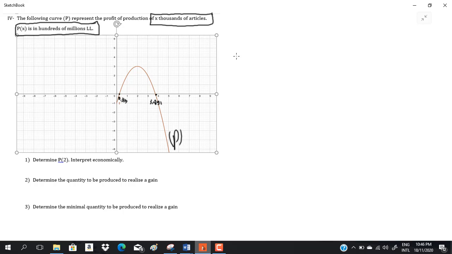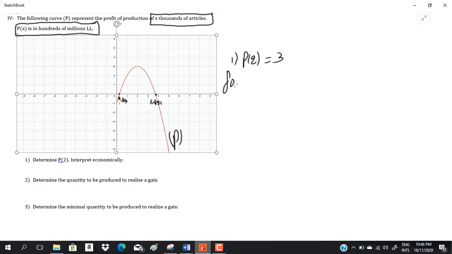Let's say at first he asks to calculate P of 2. P of 2 means x equal to 2, go to the curve, so it equals 3. Interpret economically. P of 2 means we are producing 2,000 articles, since x is in thousands, and the profit is going to be 300 million Lebanese lira.